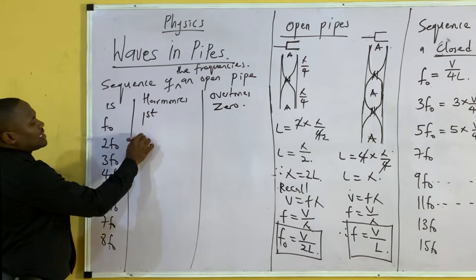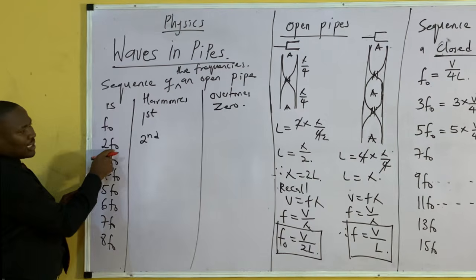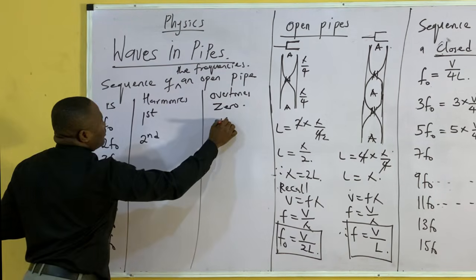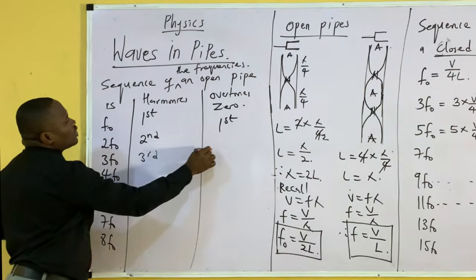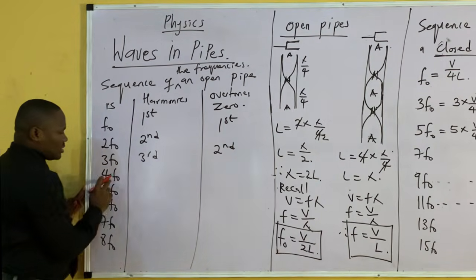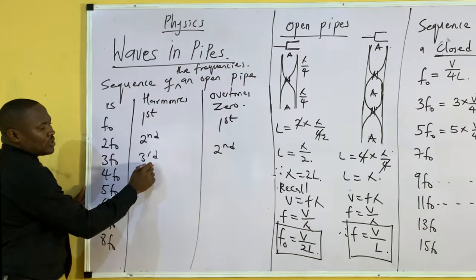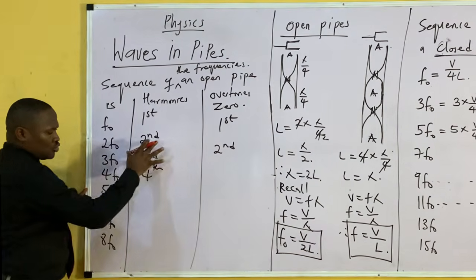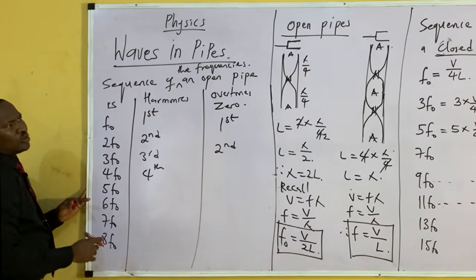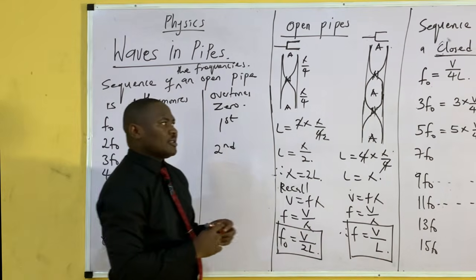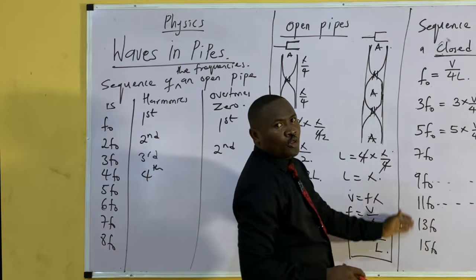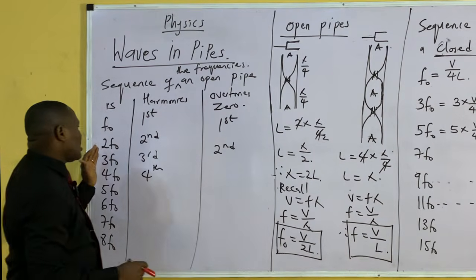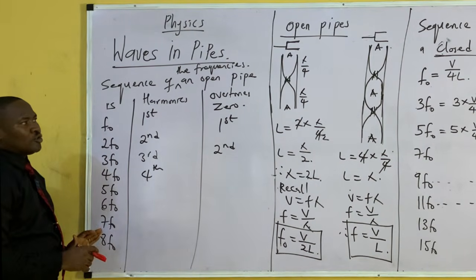This is your second harmonic, your first overtone. This is your third harmonic, your second overtone. This is your fourth harmonic, your third overtone. Just like that. That's how it goes. But remember, it's different from this case. Why? Because the sequence here is odd numbers, while the sequence here is both odd and even numbers.